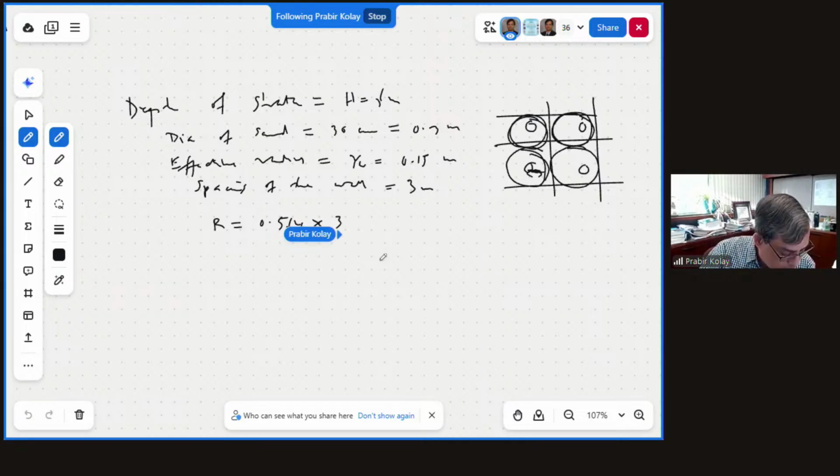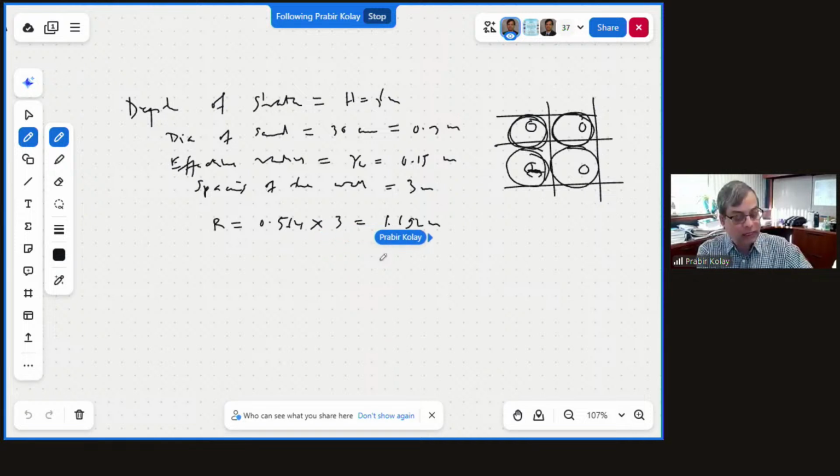You can calculate how much is the value of R. That will be 1.692 meter. So now we need to check what is the value of n.